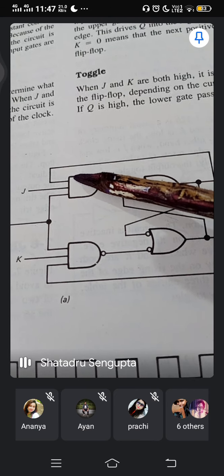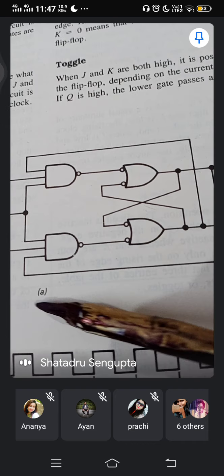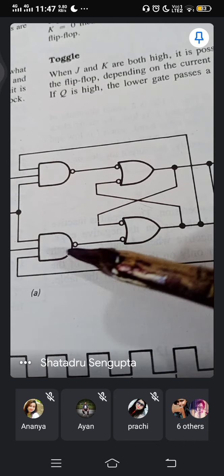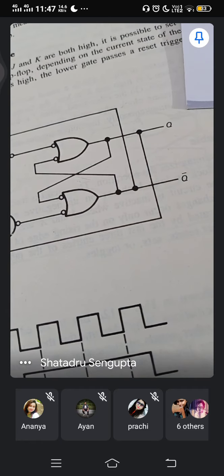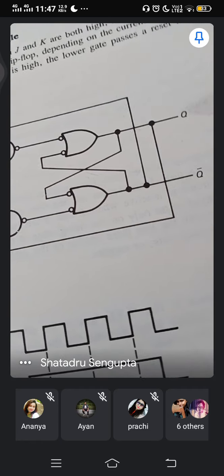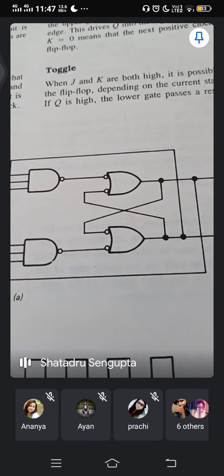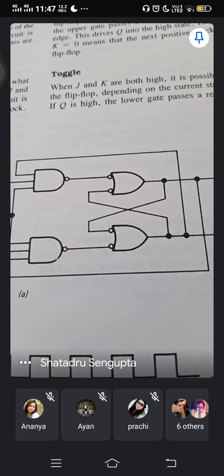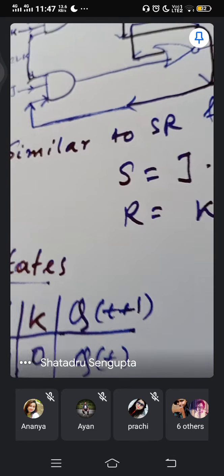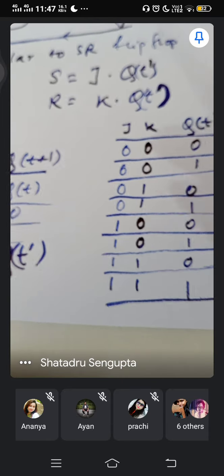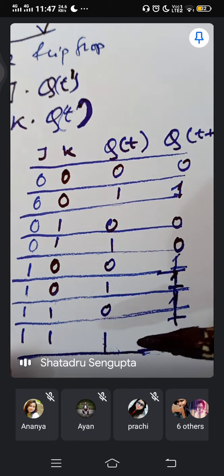It's a 3 input AND gate, and this also is coming and going into the next one. And so in this case, we have got the option of receiving a table like this.